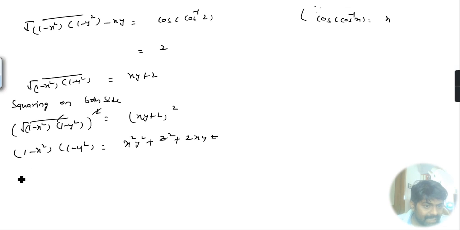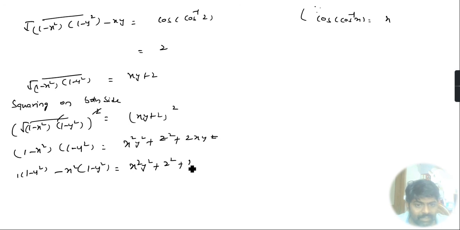Then we get 1 minus y square minus x square plus x square y square equal to x square y square plus z square plus 2xyz.